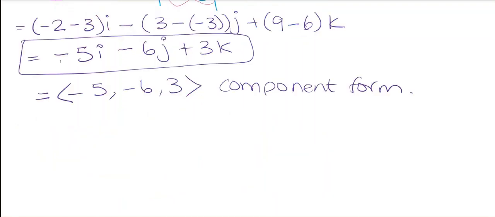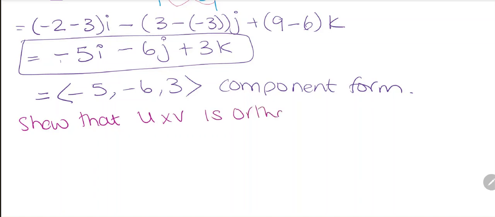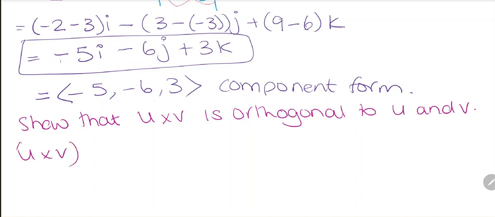Okay, so the next thing we do is we need to show that u cross v is orthogonal to u and to v. So u cross v multiplied with u.